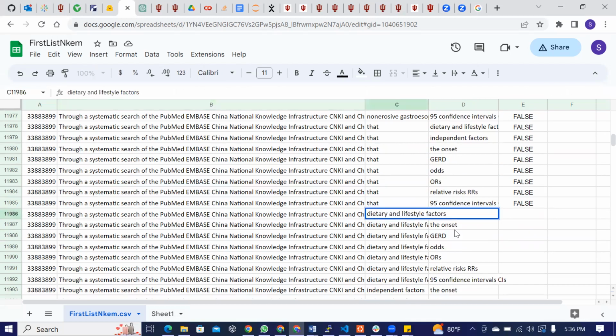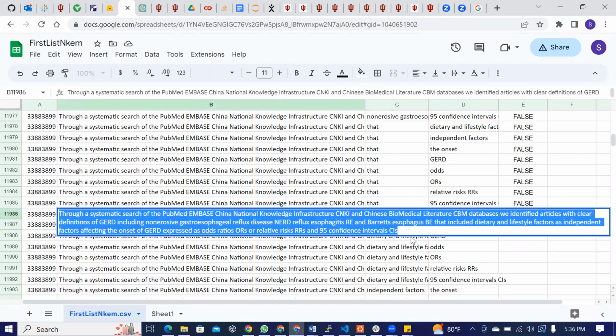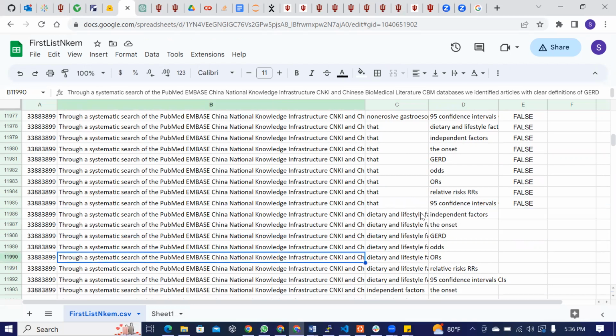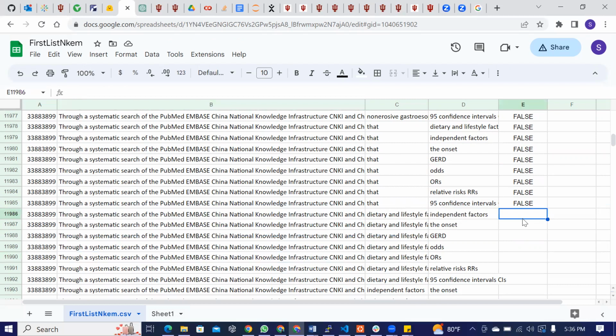They have a relationship. Dietary and lifestyle actually do have a relationship with independent factors, because it included dietary and lifestyle factors as independent factors. They are talking about the same thing. It's not a false relationship, but it's miscellaneous. So you want to call it a miscellaneous relationship.